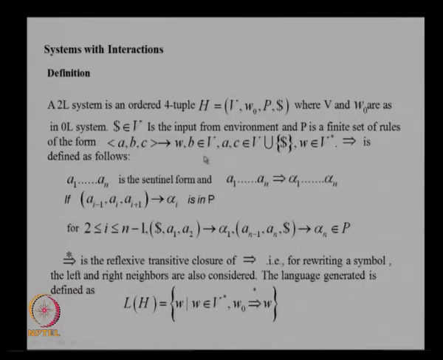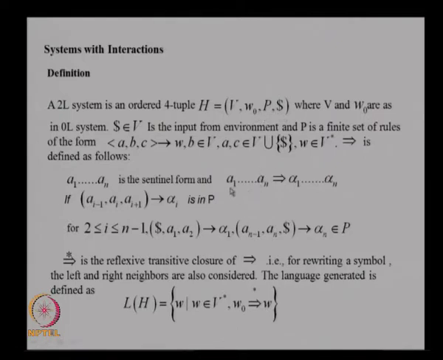So, I will not go into depth in this system. In a 2L system, everything depends on the left neighbor and the right neighbor. So, when you have a string like A1, A2, ..., An, on the left of A1 you have the environment. The environment is denoted by a dollar symbol, that is why you have one more component in the system.